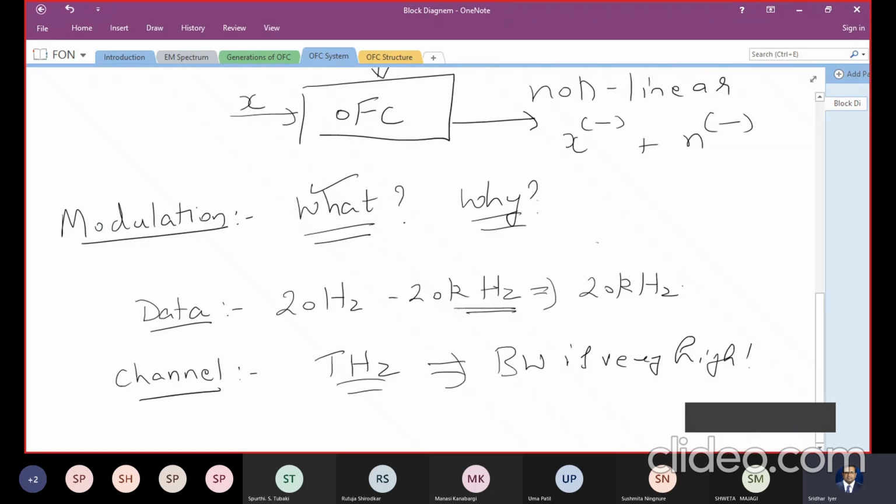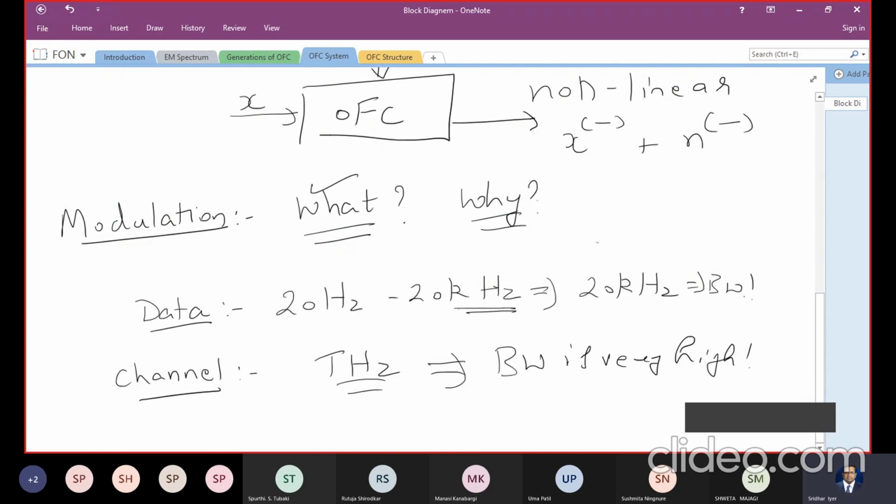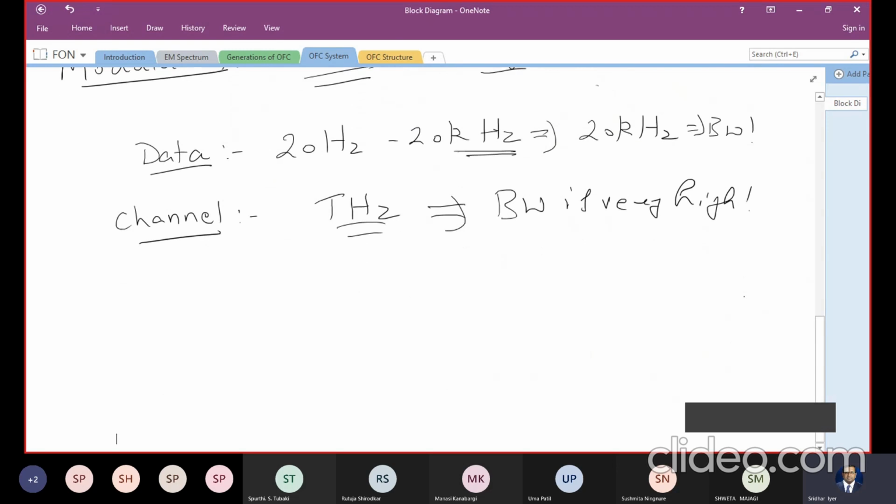This is the highest bandwidth, and obviously 20 kilohertz is not enough for us. If I want to just watch a video of about 3 to 4 minutes on YouTube, that itself is in the range of some Mbps, megahertz, whereas the highest bandwidth that I'm getting in the data to which the human ear is susceptible is 20 kilohertz. So we should be in a position to increase the bandwidth.